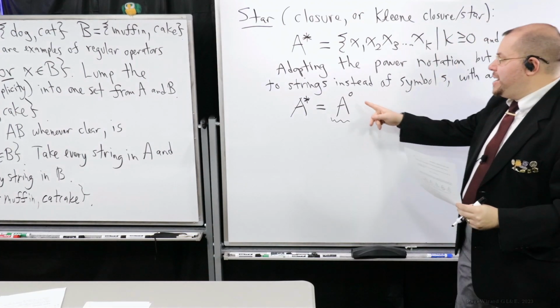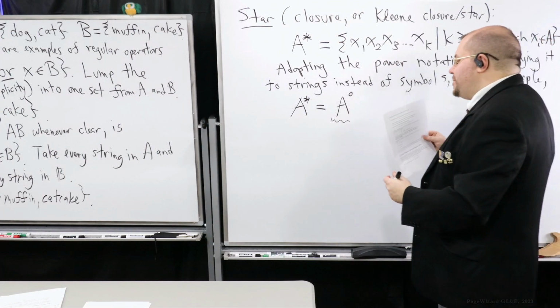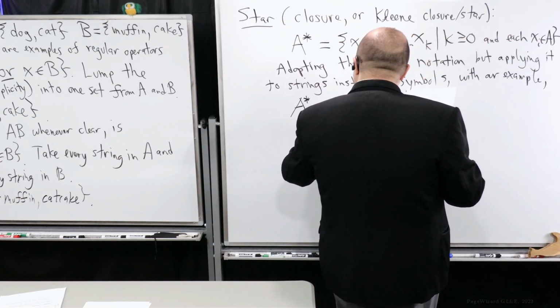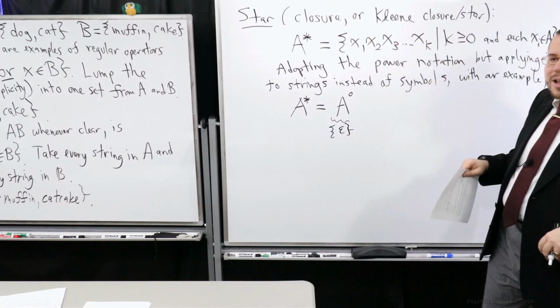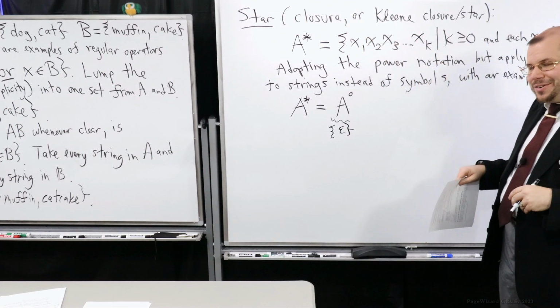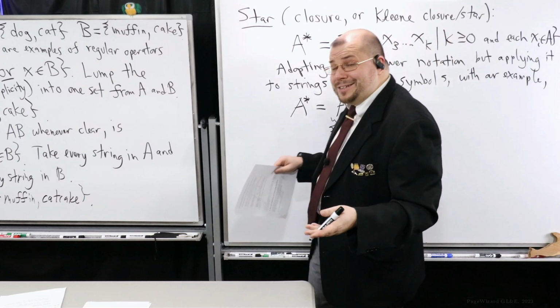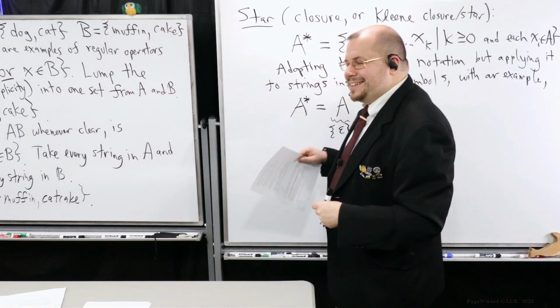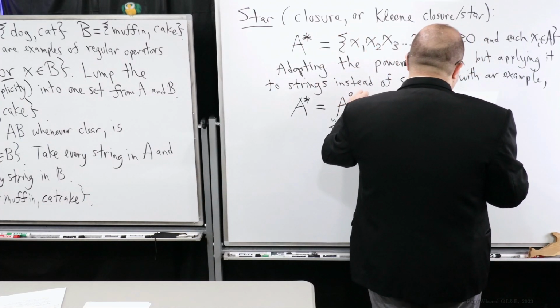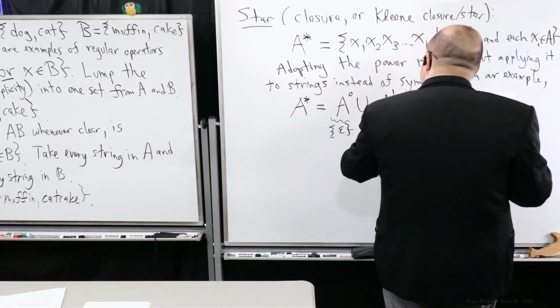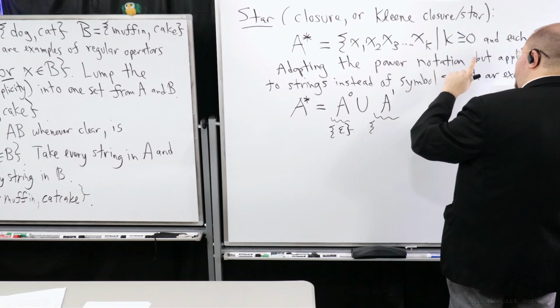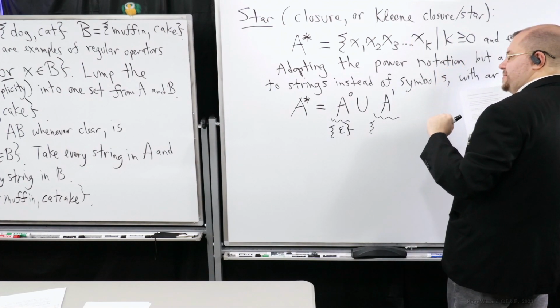So notice I'm taking none. So what would that correspond to? Well, this is the same as me writing out a language which only contains the empty string, because I didn't pick any strings, right? Union A to the 1. Well, here it says to pick one of our strings.